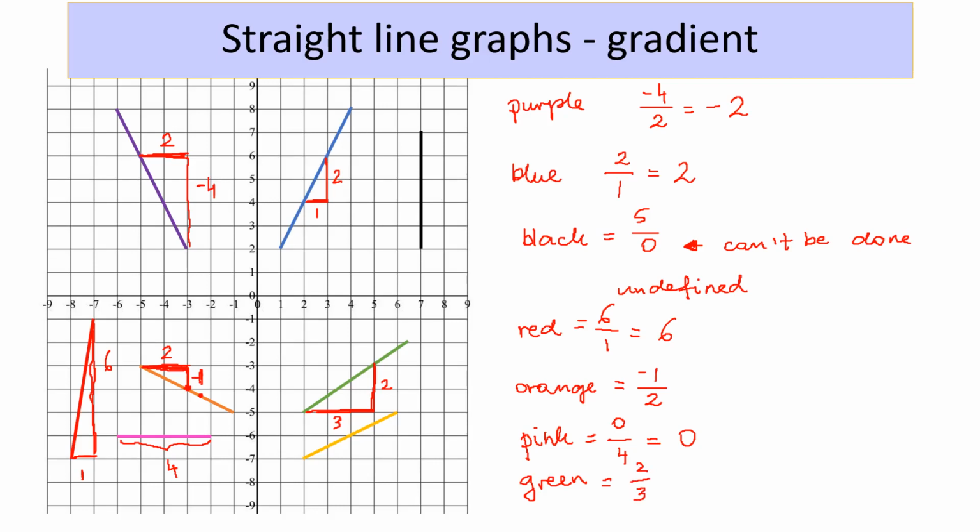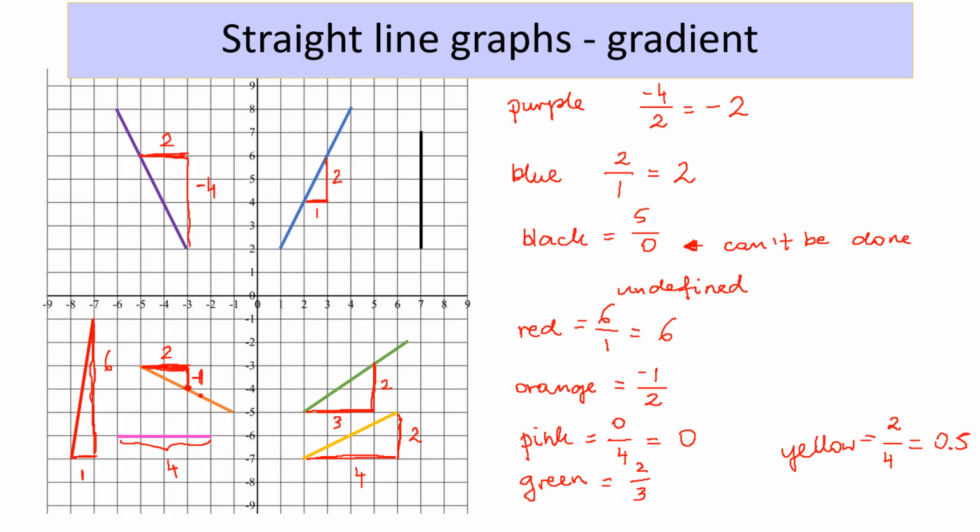The gradient for the green line is 2/3. And the last one, the yellow line, the change in x is 4, the change in y is 2. So the change in y is 2, the change in x is 4, so the gradient is a half.